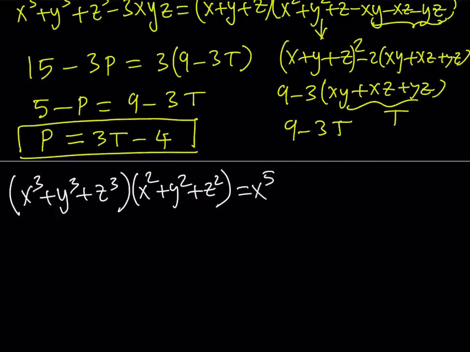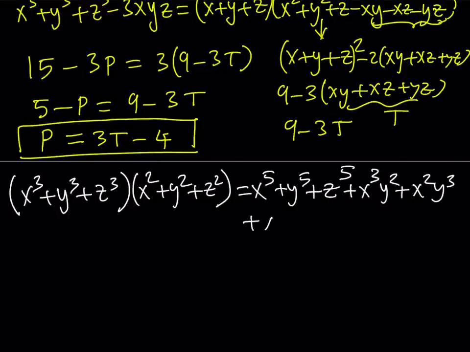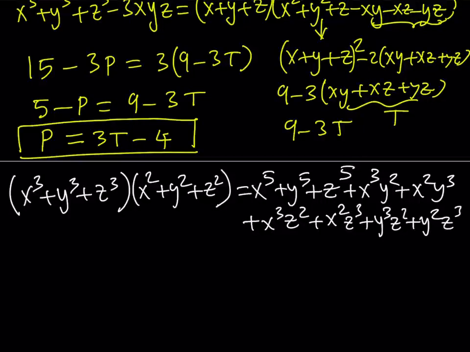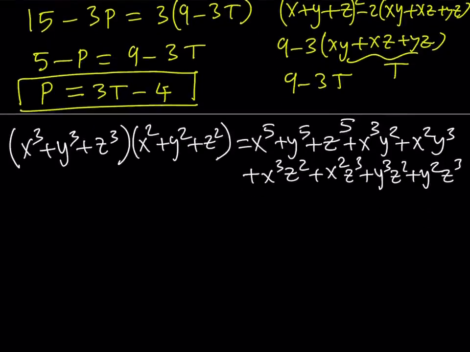This should give me x to the fifth plus y to the fifth plus z to the fifth, right? And then plus, I should be getting something like x cubed y squared, and then x squared y cubed plus x cubed z squared plus x squared z cubed plus y cubed z squared and y squared z cubed. So we're going to simplify this expression a little bit.